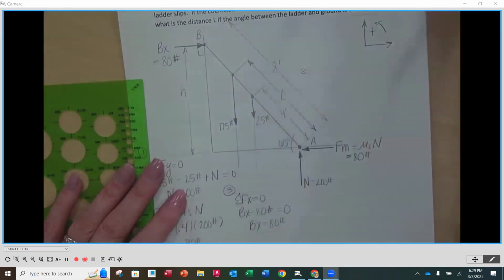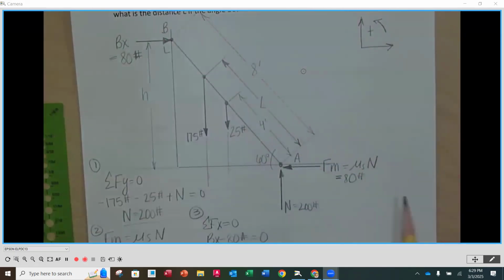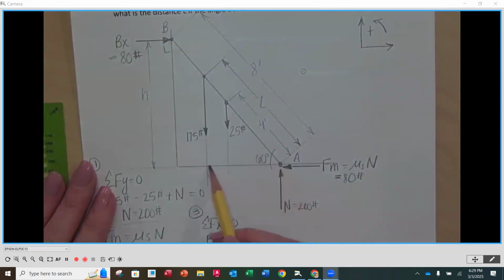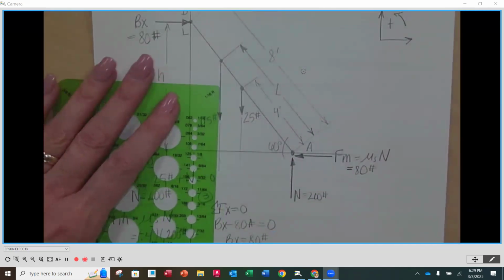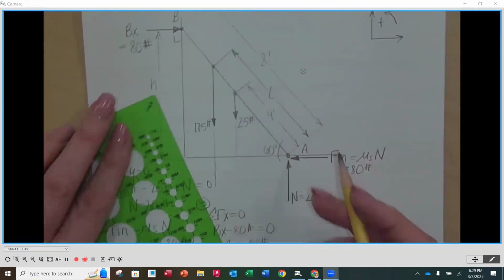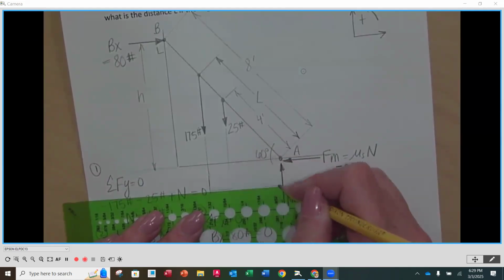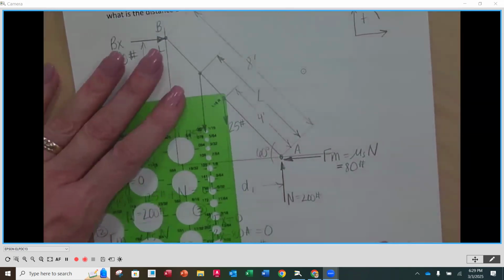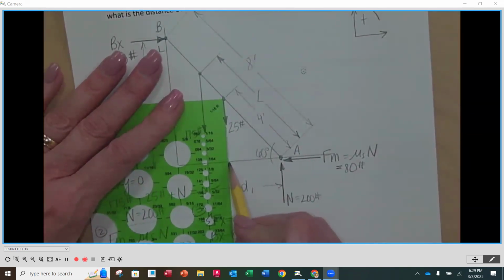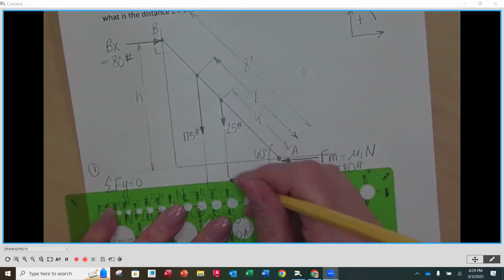So that's going to be that value. Then the next one that I have here is going to be the perpendicular distance to the 175 pounds. So if I go from A to the 175, I'm going to call this D1. And then to the 25, I'm going to call its perpendicular distance D2.